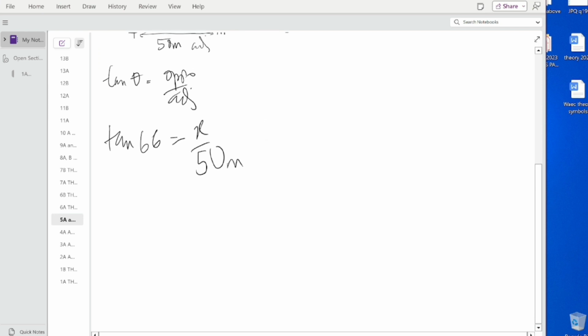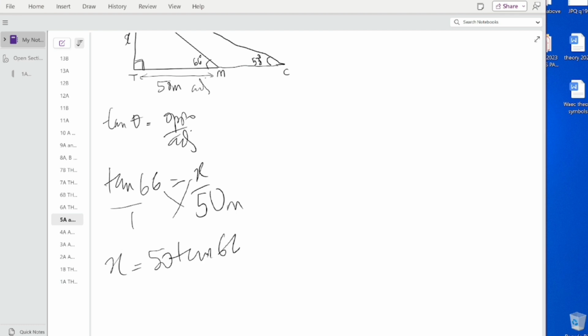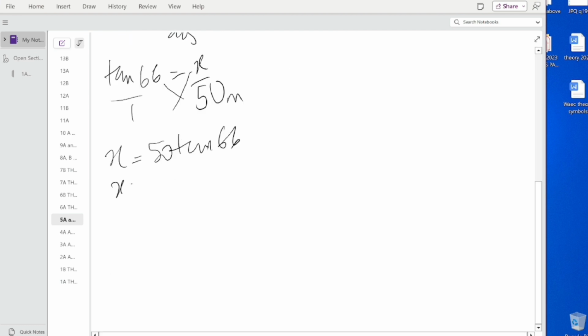So we'll solve. We cross multiply. We can say tan theta over 1 cross multiply. X times 1 is x equals 50 times tan 66.